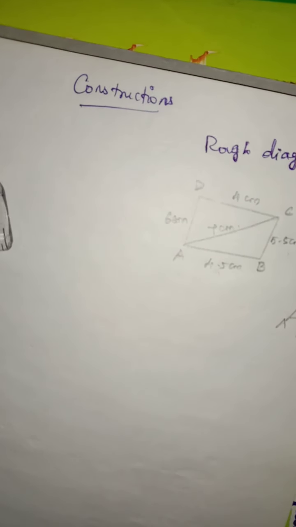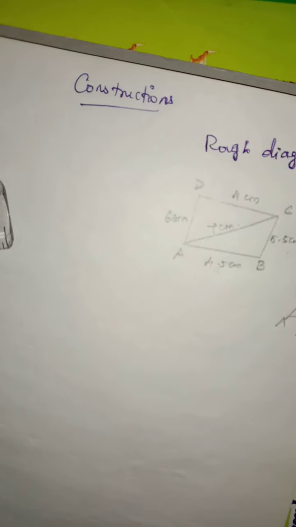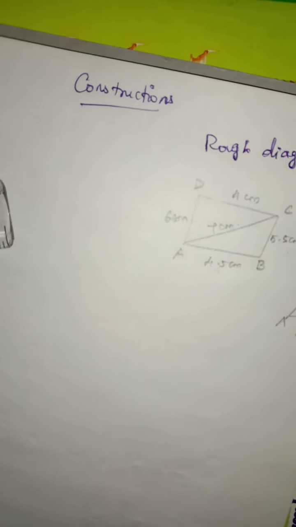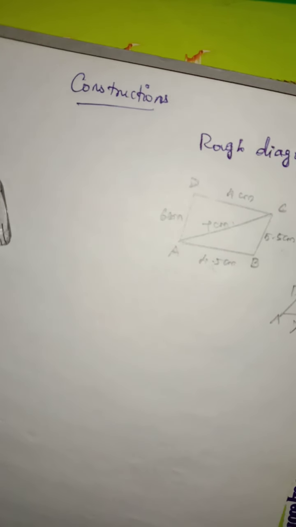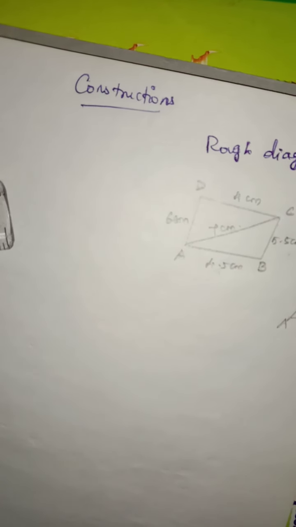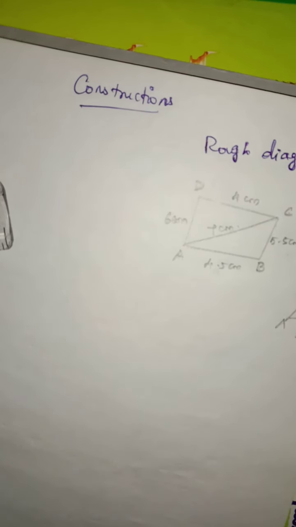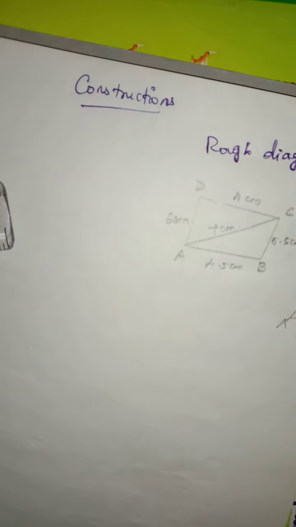Always use the scale only to construct the base, whether it is a triangle, quadrilateral or pentagon, whatever it is. Only to draw the base you use the scale directly. For all the other sides, you should use the compass. You are not supposed to use the scale directly to draw the other sides.